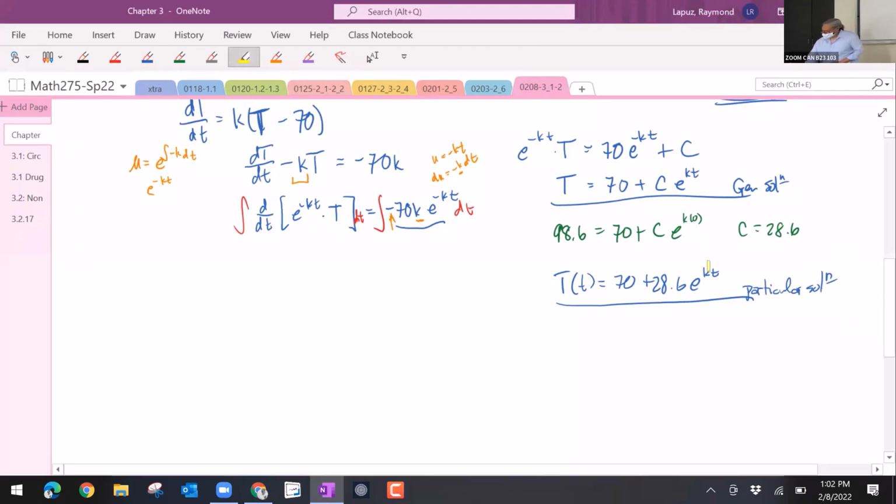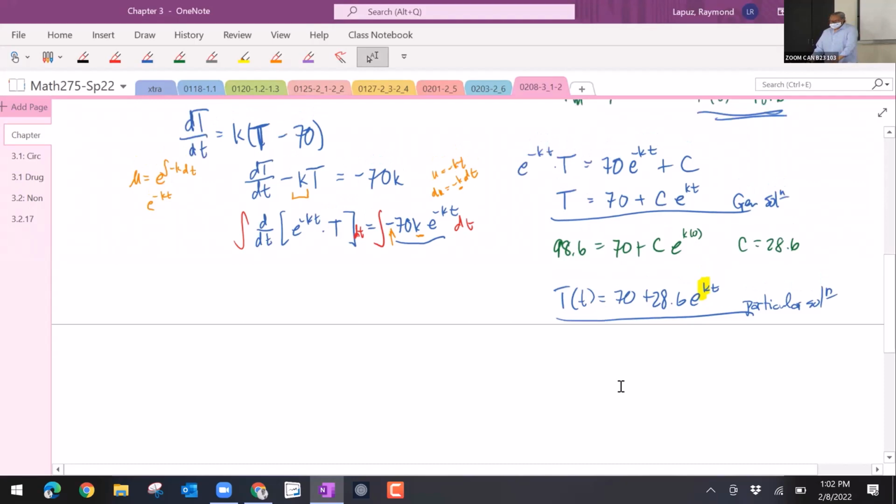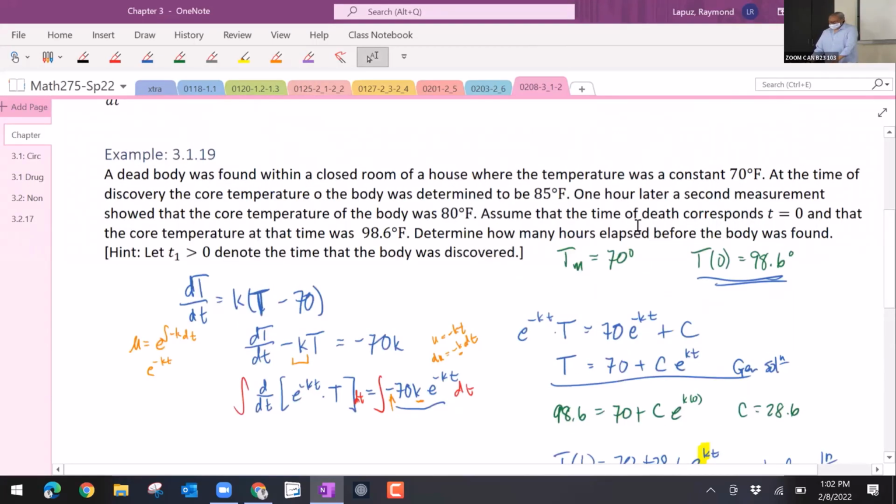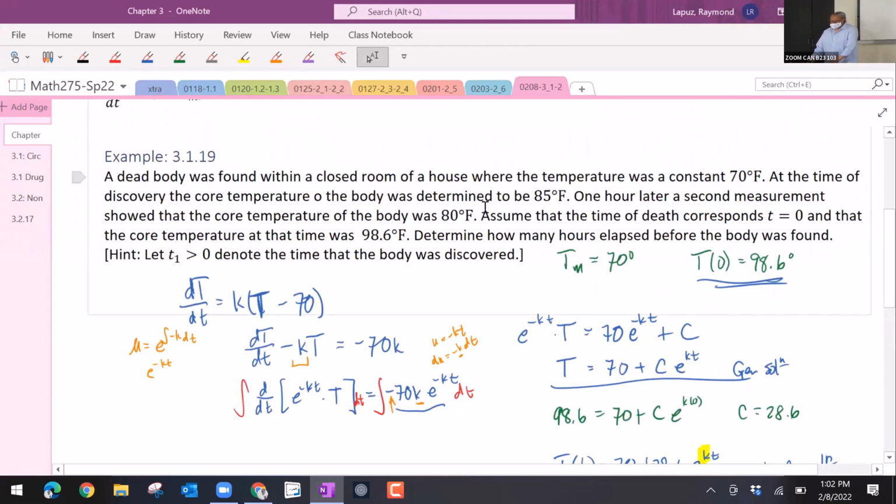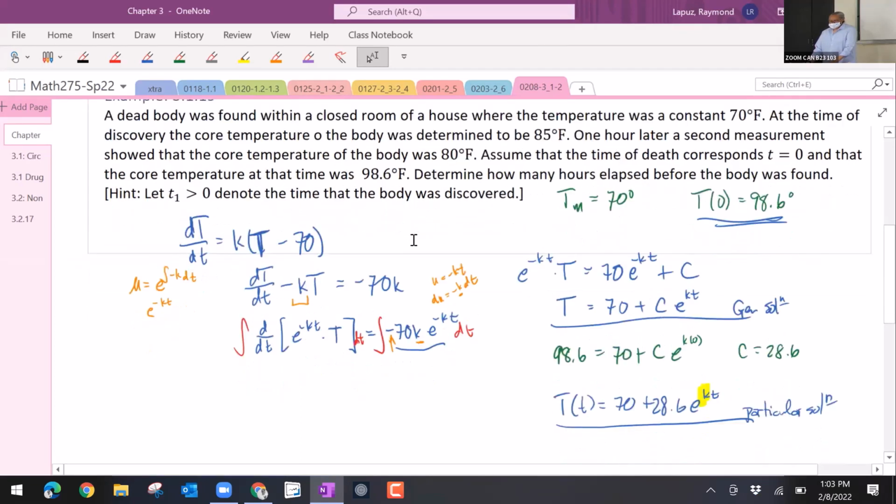Unfortunately, we still don't know what this k is. So we're going to need to use a couple of pieces of information that they have here about when they found the body, the temperature, and then an hour later after they found the body, and what the temperature was.